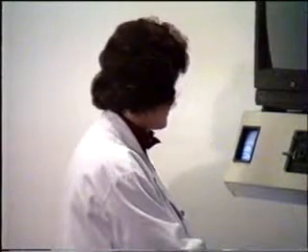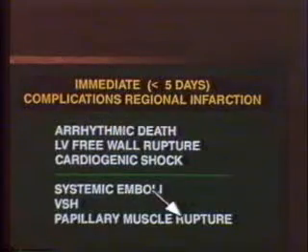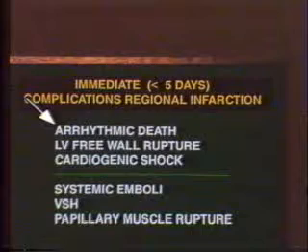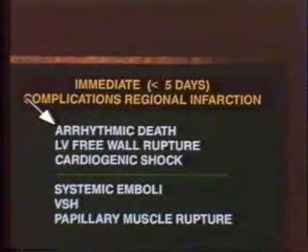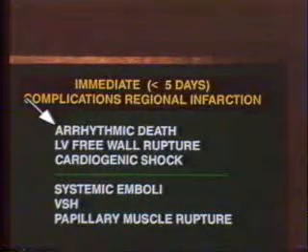Going on to immediate complications of myocardial infarction. As I'm sure you're all aware, the most common is arrhythmia. Up to 80% of patients get arrhythmia, associated with the injured or dead myocardium, not just in the area of the conduction tissue, but within the myocardium itself.